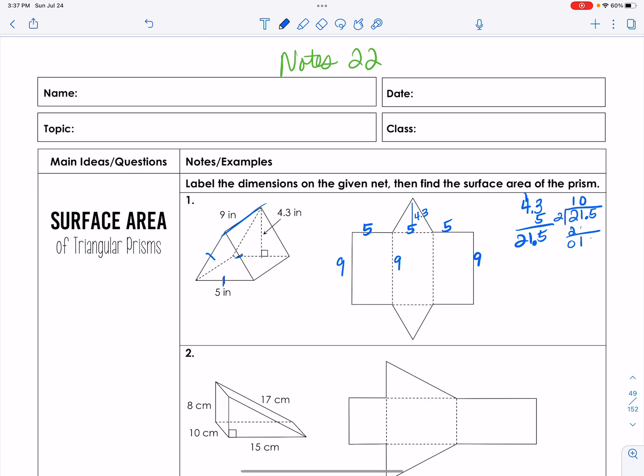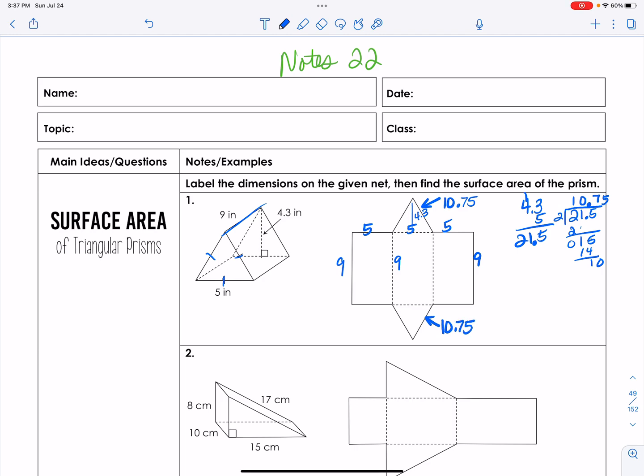Doesn't go in. Just bring down the 5. And that would be a 7, 14, 1, 0. So it's 10.75 for each of these. So this is 10.75 and this triangle is 10.75.